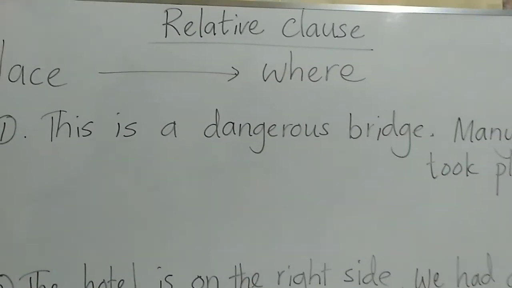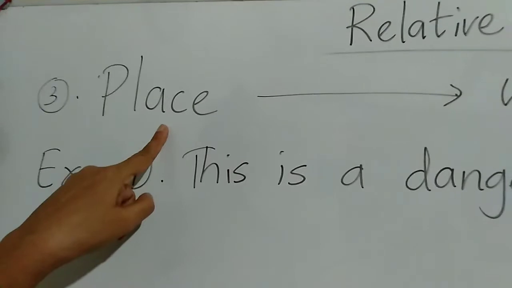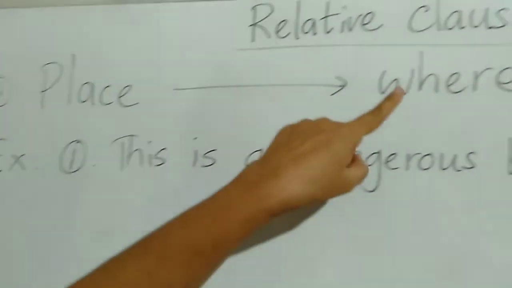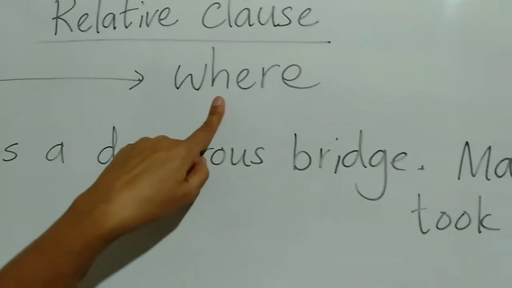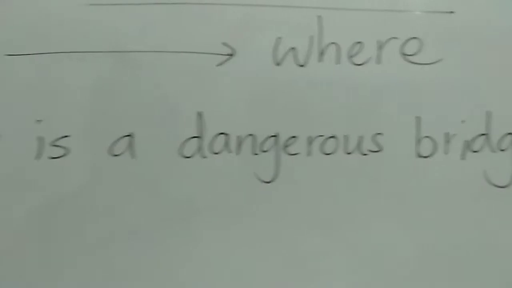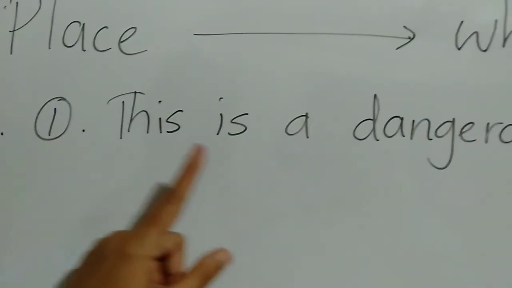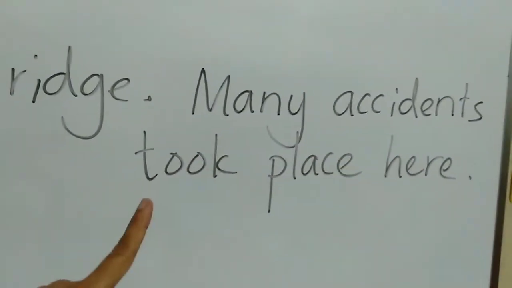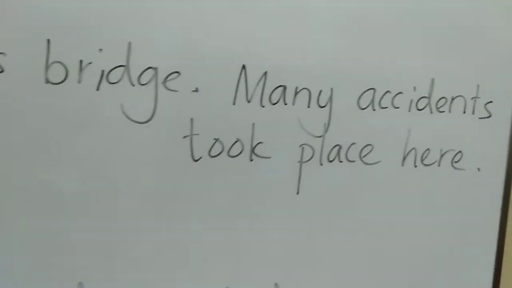Now see next, place. When we describe a place in a relative clause, we use the relative pronoun where. Place, where. Now see the example. This is a dangerous bridge. Many accidents took place here.